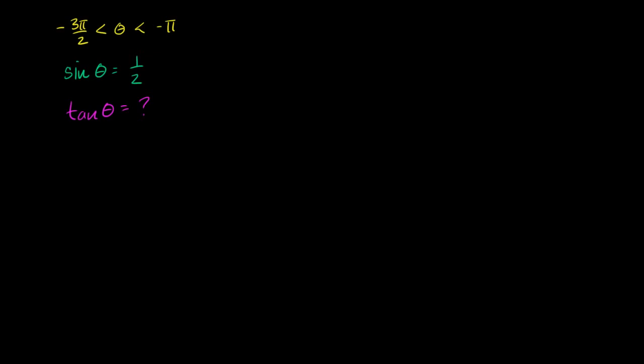So let's do it. We know the Pythagorean identity, sine squared theta plus cosine squared theta is equal to 1. We know what sine squared theta is. Sine theta is 1/2, so this could be rewritten as 1/2 squared plus cosine squared theta is equal to 1.